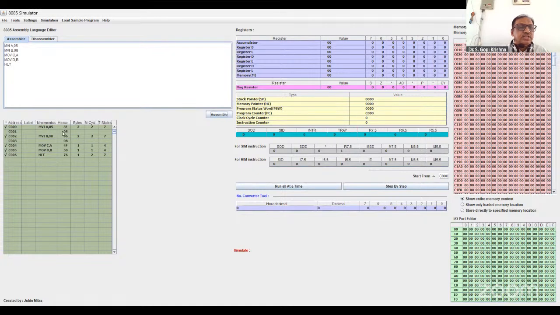This is the instruction, and this is the data. Similarly, 06 is the instruction to load the data 08 into the B register, and the data will be 08. The next instruction copies the contents of the accumulator to the C register. Then the contents of B are copied to the D register, and then the program halts.